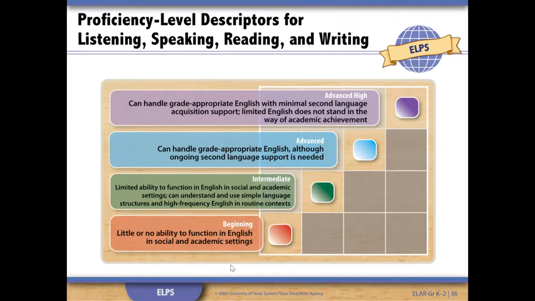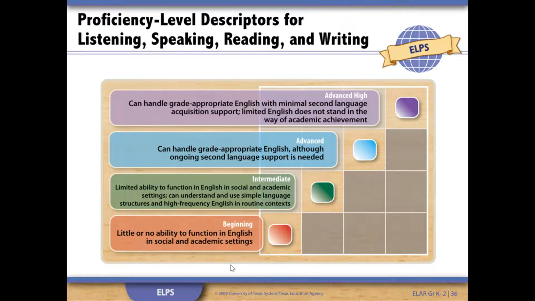The idea that an intermediate may be able to read, they can be an intermediate level reader, but a beginner level writer. So the PLDs, or the proficiency level descriptors, can change depending on that student's ability. But an intermediate level reader or writer is going to have, again, very limited ability to read or write in English.